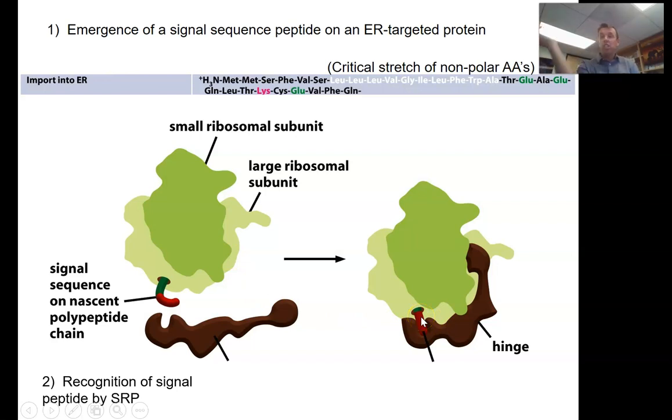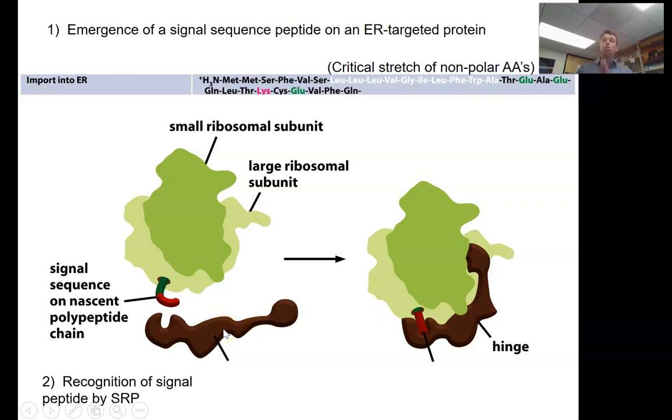That conformation change causes a huge bend in this hinge, and that causes this domain to flop over and block the mRNA part of the ribosome. So it prevents the ribosome from moving any further along that mRNA while this SRP is bound. So that huge conformation change is really, really important.